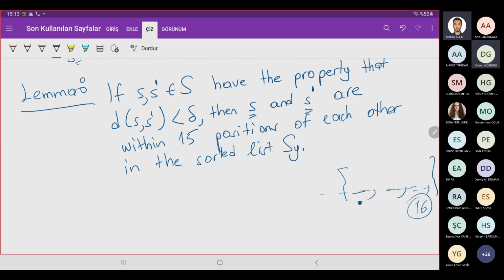It's not possible that there are points whose distance is less than delta such that they are in places 1 and 17, 1 and 18, etc. It's always within at most 15 positions of each other. At most, it might even be less.